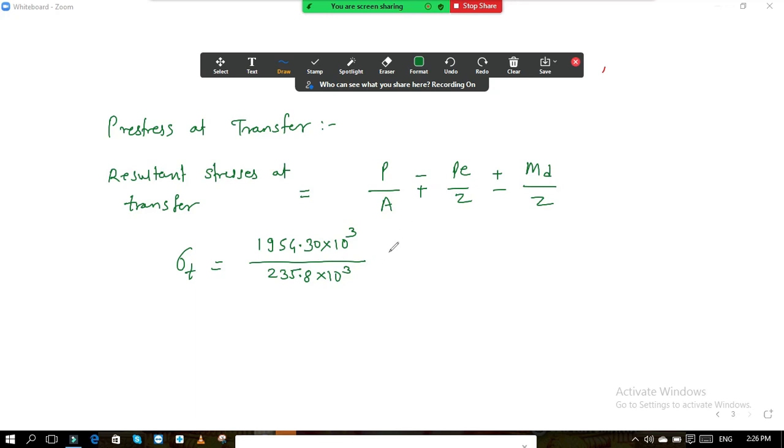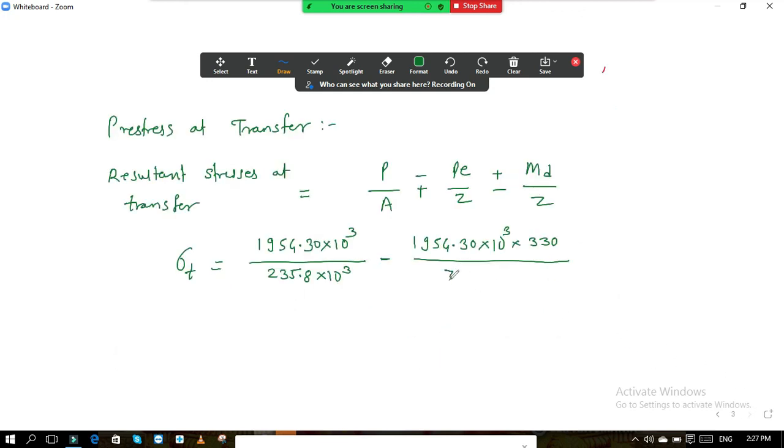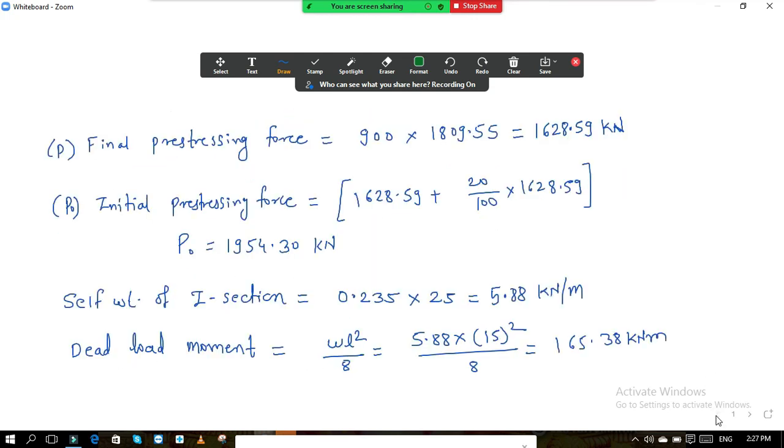Then at top, this is minus 1954.30 into 10 raised to 3 into eccentricity, what we have calculated, 330, divided by Z. We have calculated the value of Z, 73.69 into 10 raised to 6, plus MD by Z. We have calculated the actual dead load moment, it is 165.38.